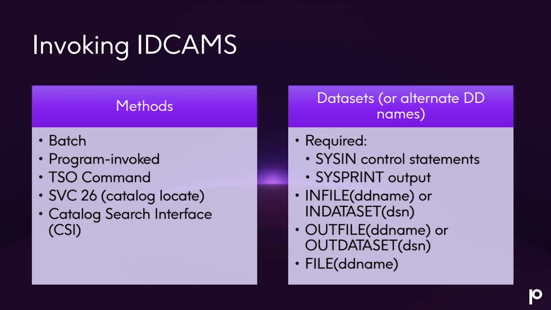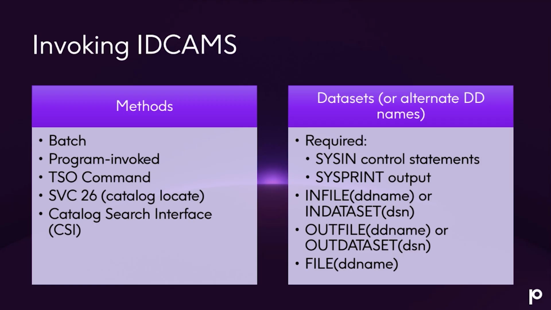But it can be invoked in batch, which is probably more typically where it's invoked. It can be invoked from a program. It can be invoked via TSO command. I can issue a TSO command to say define cluster or delete dataset.